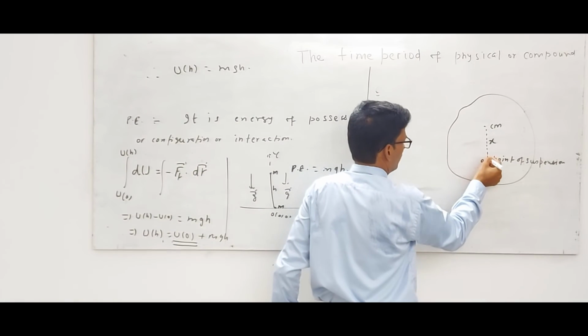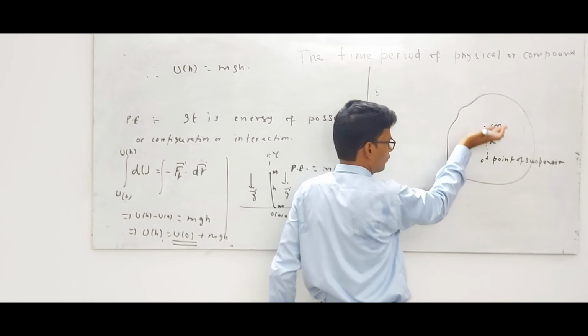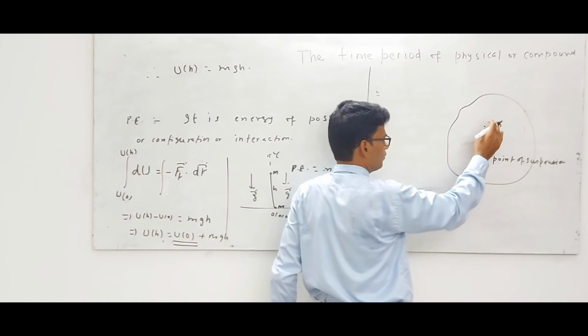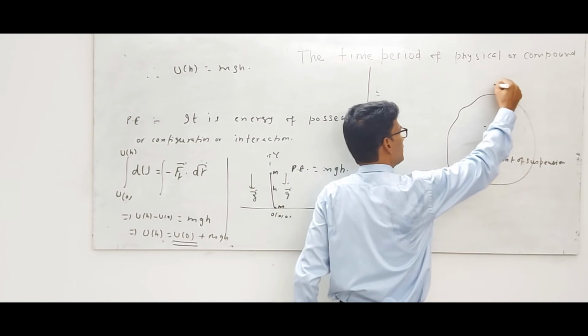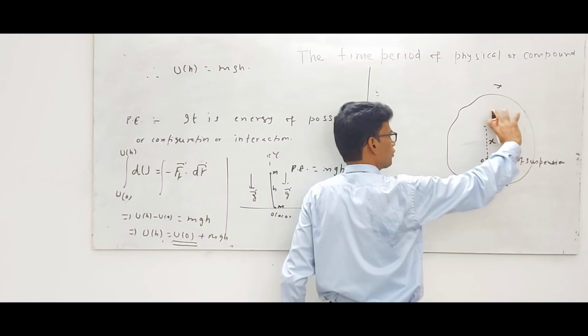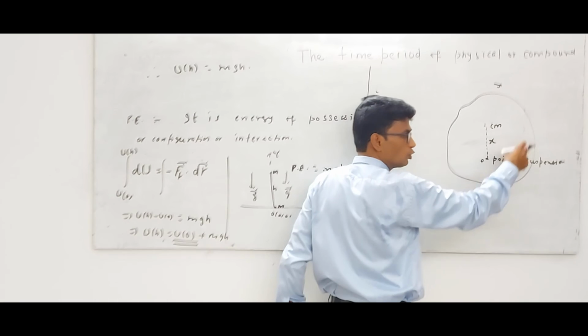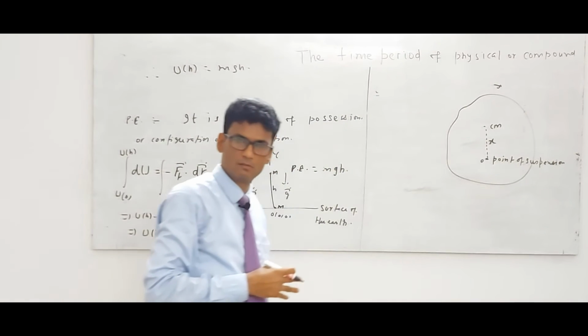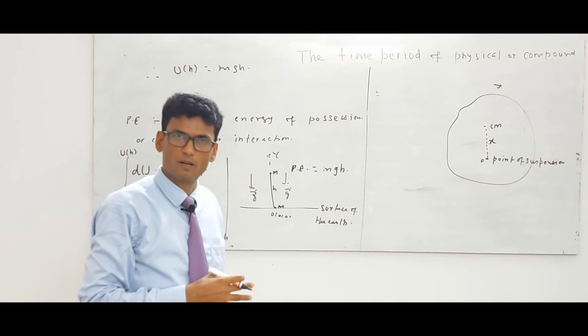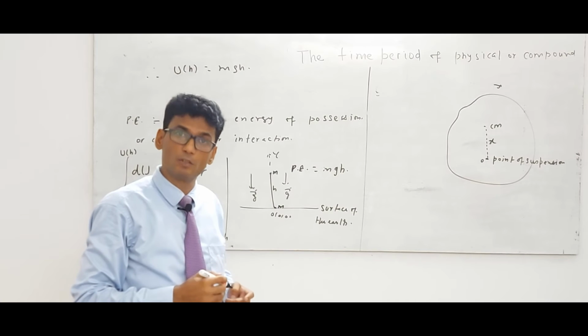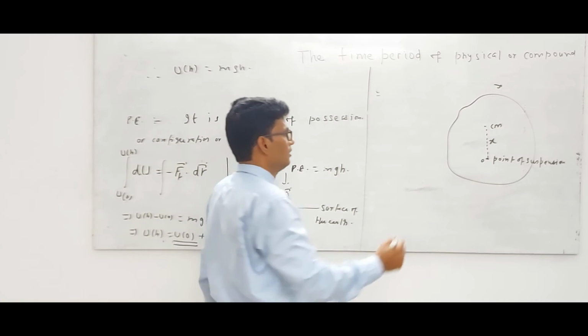Now, as we have seen, the center of mass is above the point of suspension. So once we let it go from this position, the center of mass gets lowered. The center of mass always tries to get to the lowest position. That is why, let it go.